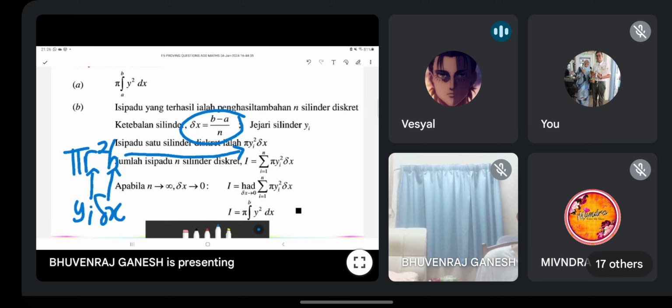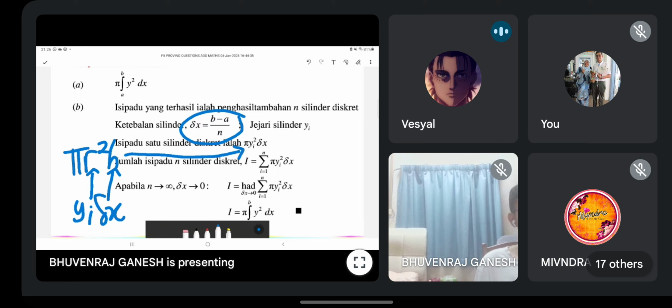We already found our region, the shaded part where we want to find the volume, and the volume of one cylinder. So the next step is to add everything together to find our volume. We use sigma, with n at the top and i equals 1, like what we did previously to find the area.